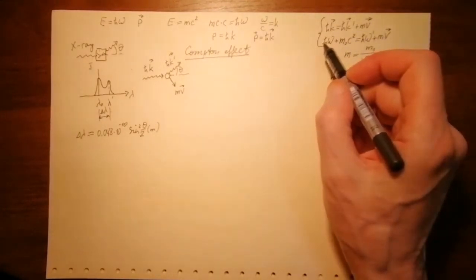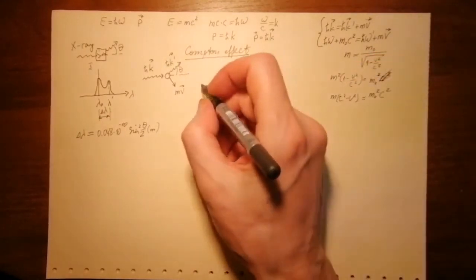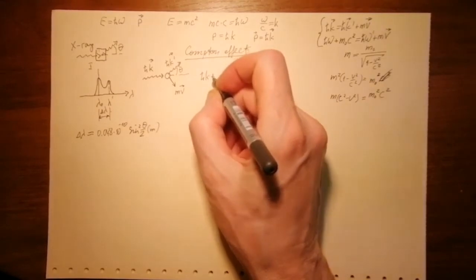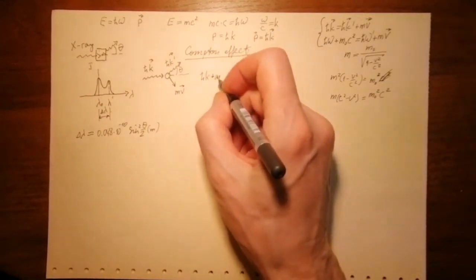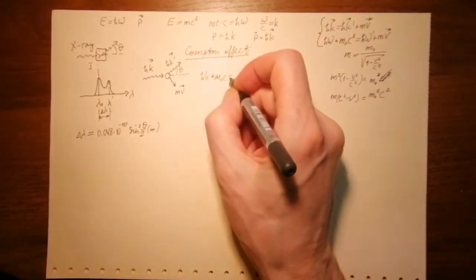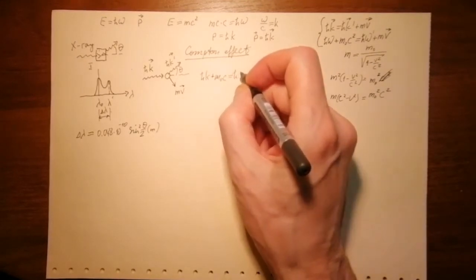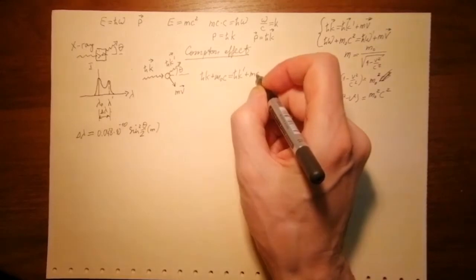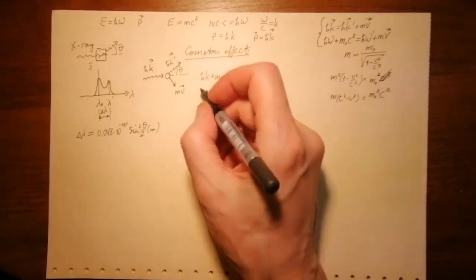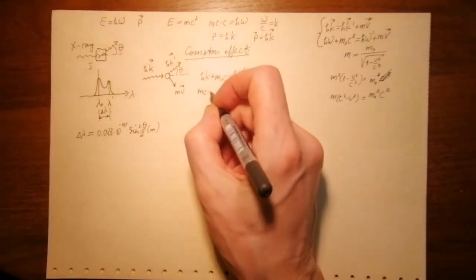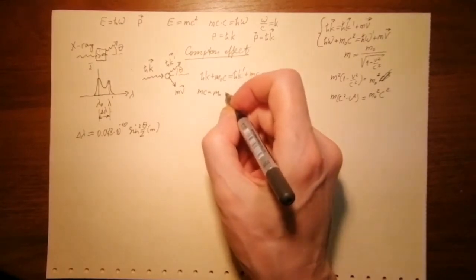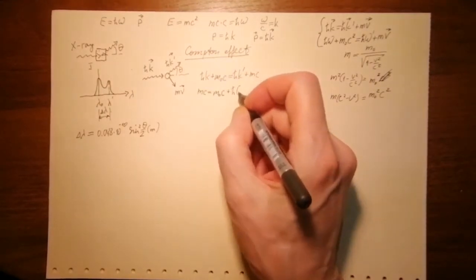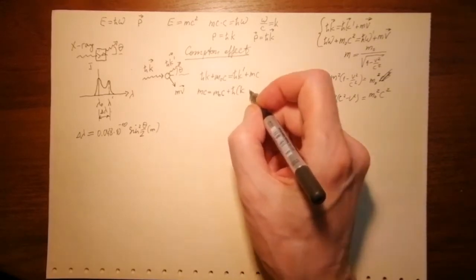Then we can rewrite it in the form h k plus m0 c is equal to h k prime plus mc, or mc is m0 c plus h times k minus k prime.